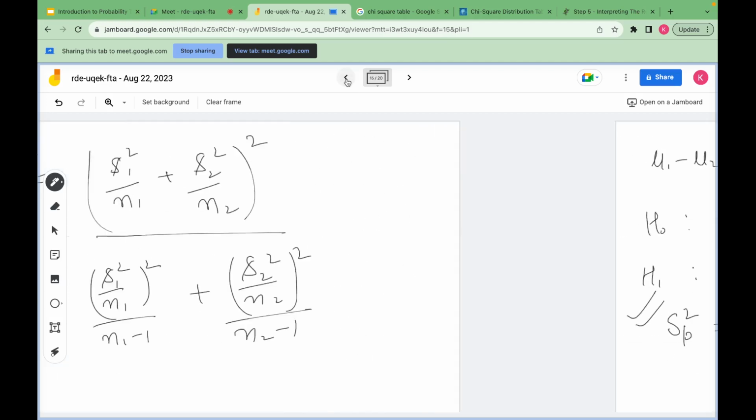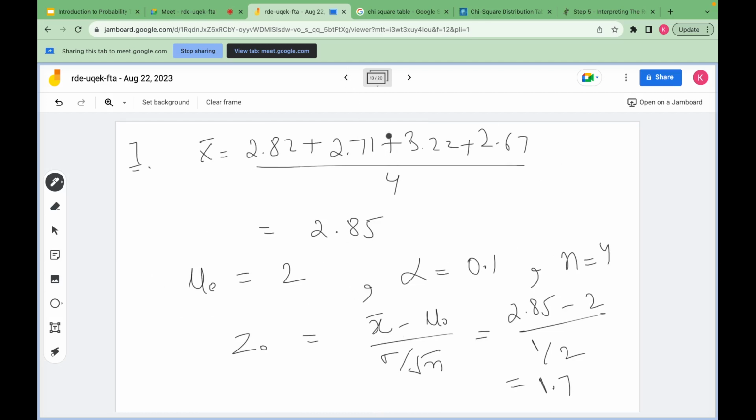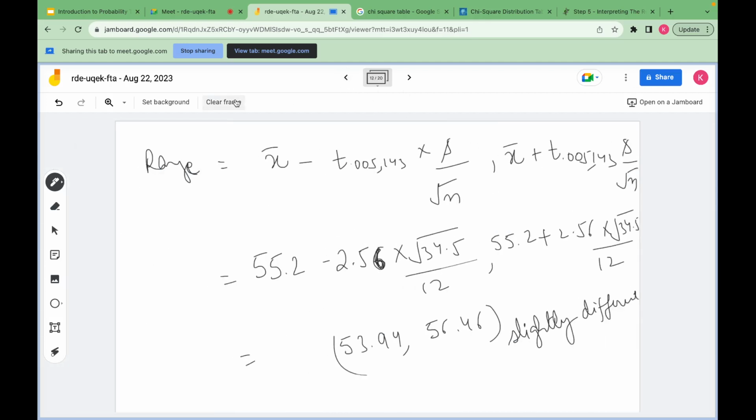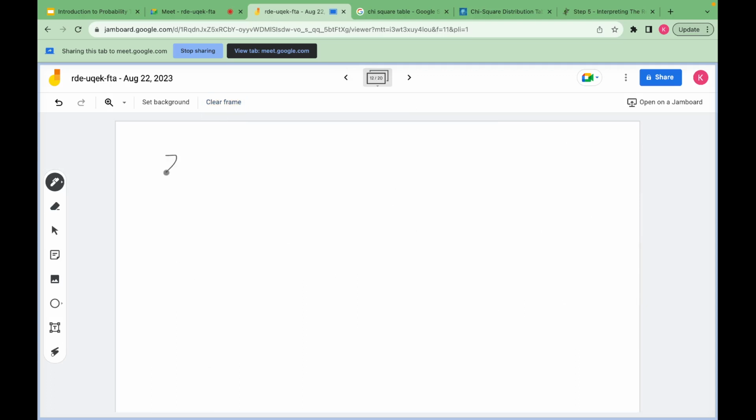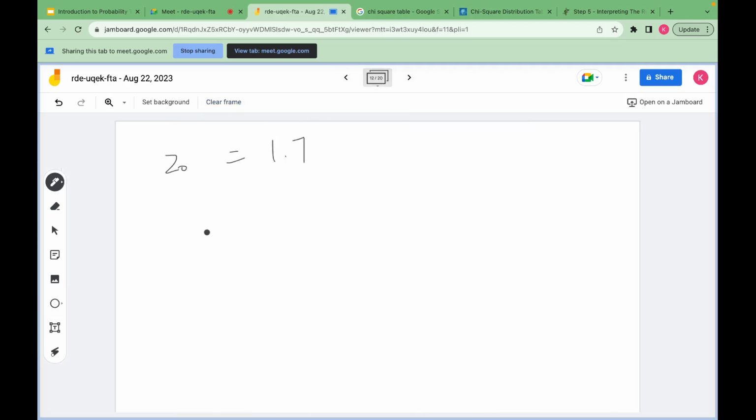Here z0 is 1.7, and z alpha by 2, which is z 0.05, is equal to 1.645.